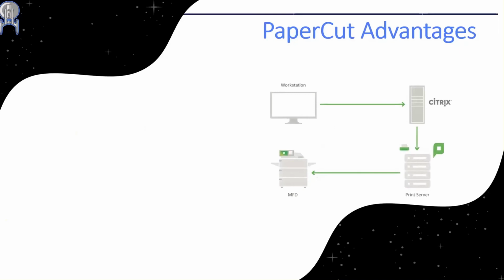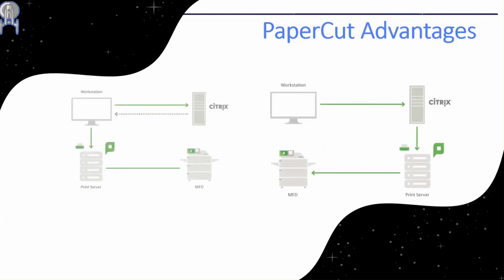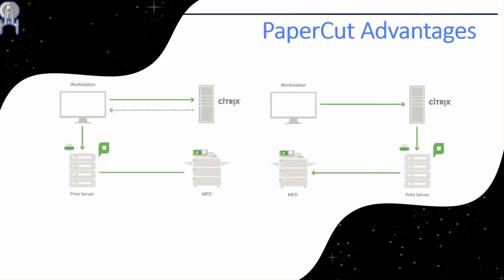A job can be redirected using the LPR-LPD protocols to a print server being monitored by PaperCut. This could be a Windows server running the PaperCut LPD service or a Linux server running CUPS. Or you might have a print queue being used by the software that's a Windows or Linux print queue, and PaperCut's print provider component can be installed on that server.